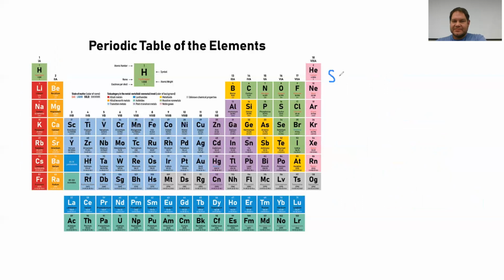Okay, scandium. I'm going to start here at hydrogen and helium. So that would be 1s2, right? And then lithium and beryllium would be 2s2. And then boron starts the 2p all the way to neon is 2p6.